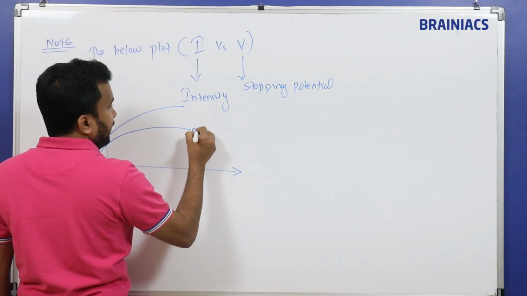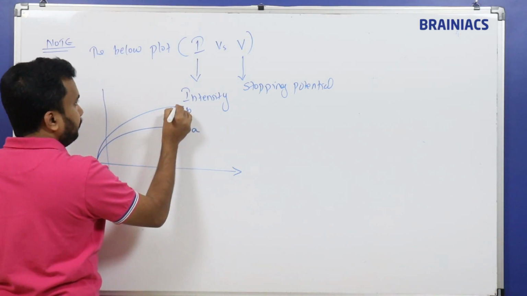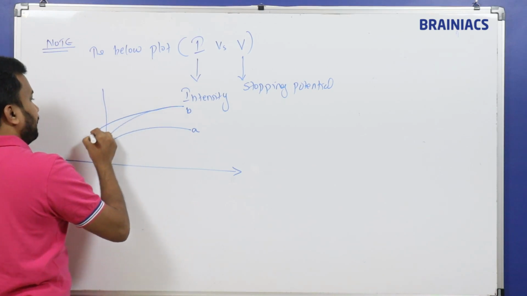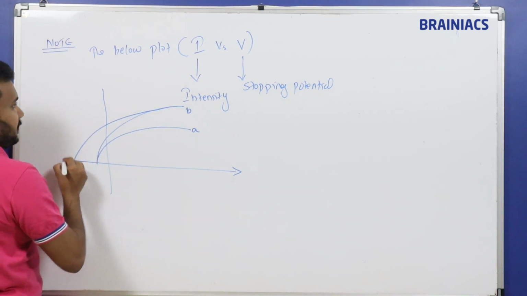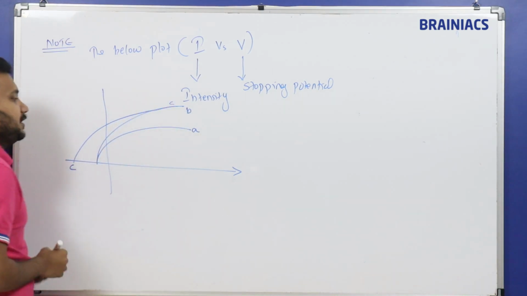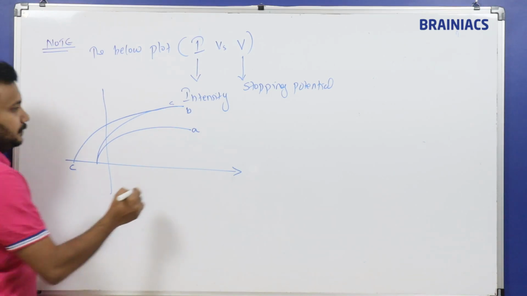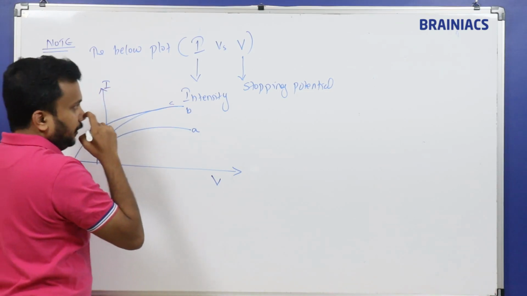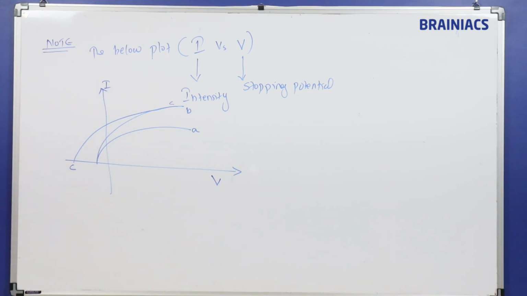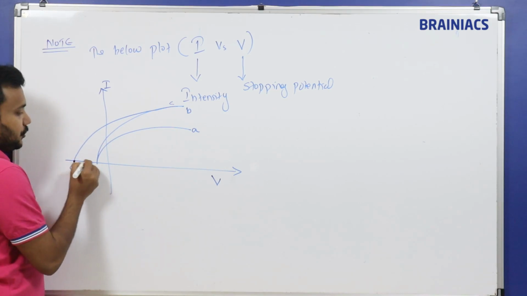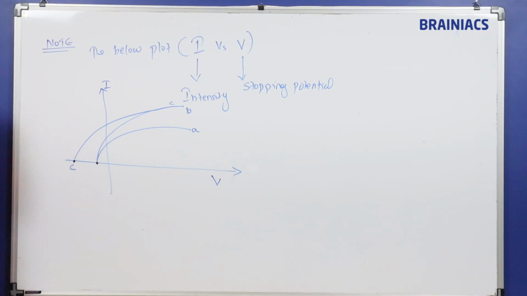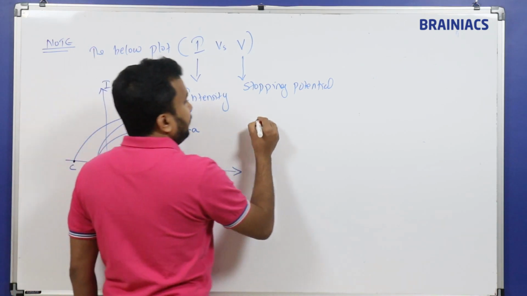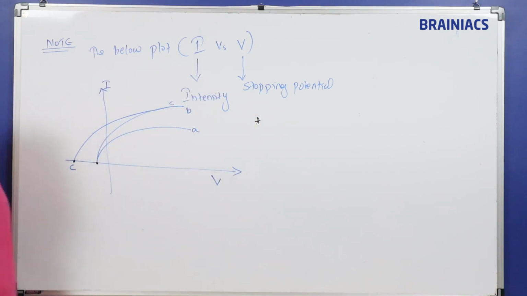This is graph A, this is graph B, and I have another graph coming like this, graph C is also there. This is V, and this is I. Look into the representations very clearly. You know this value is called the stopping potential. So the following conclusions I am deriving.